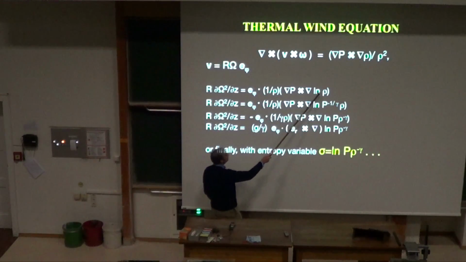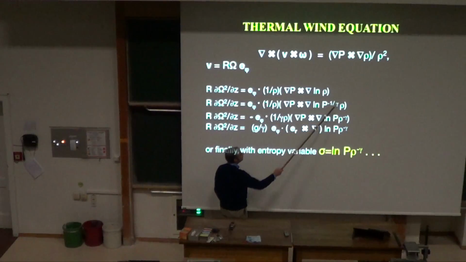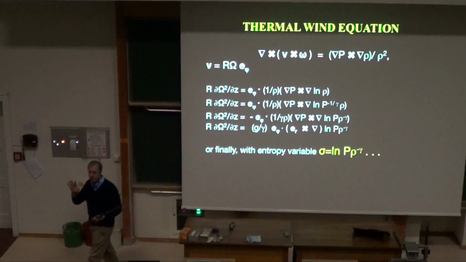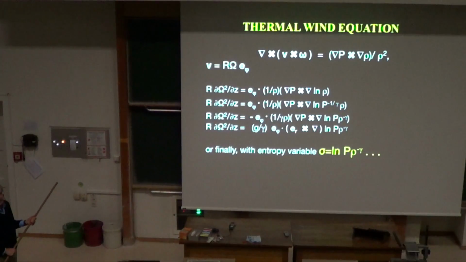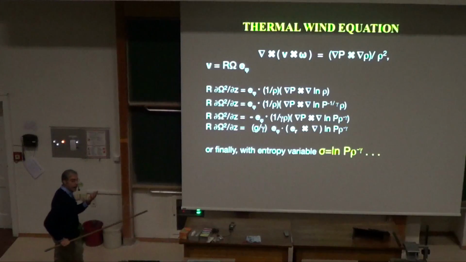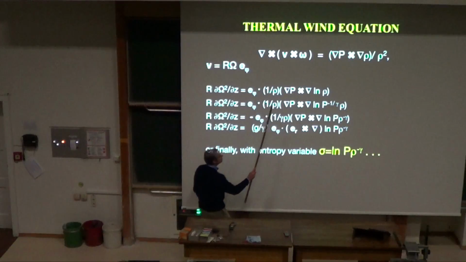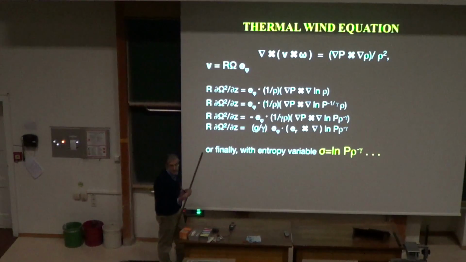Inside this logarithmic gradient, I'm sticking in a p to the power minus 1 over gamma. Gamma is the adiabatic index. For purposes here, it's 5/3. So what have I done there? Well, I'm headed someplace, but you can see it doesn't make any difference because the error that I incur by doing this is proportional to grad p cross grad p, and that's 0.